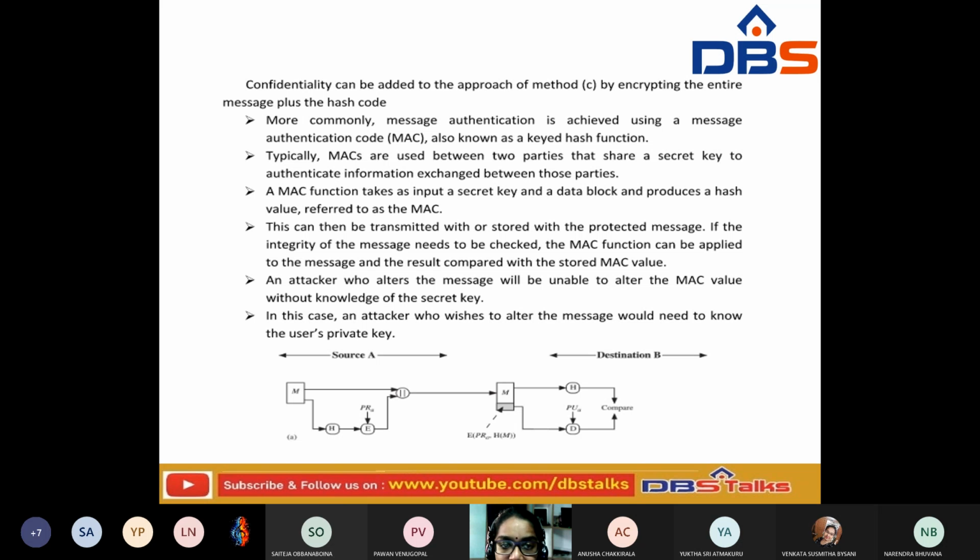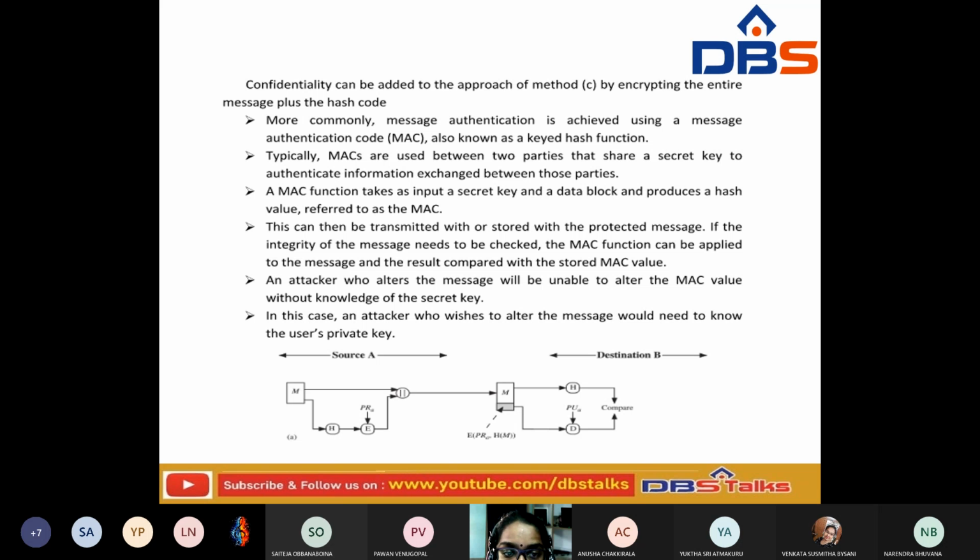Okay. Typically the message authentication code is used between two parties. Why do we use it between two parties? Because whenever a sender is sending some data, we have to apply that message authentication code to provide some security. So whenever we apply it between two parties, they share the secret key to authenticate the information exchanged between those parties.